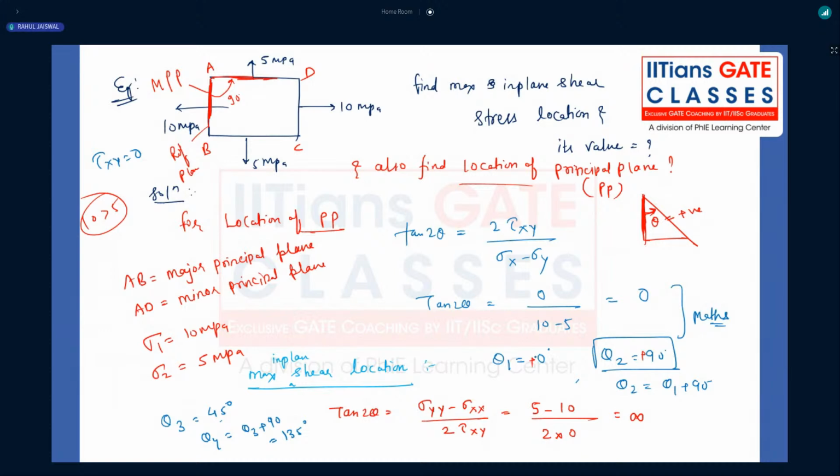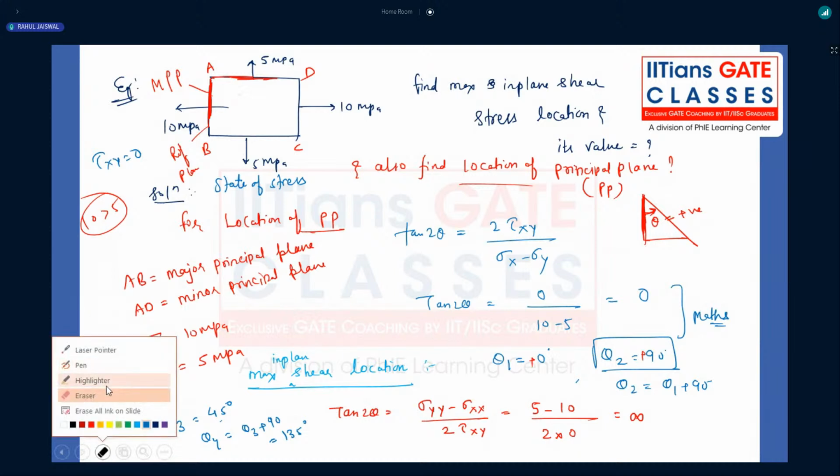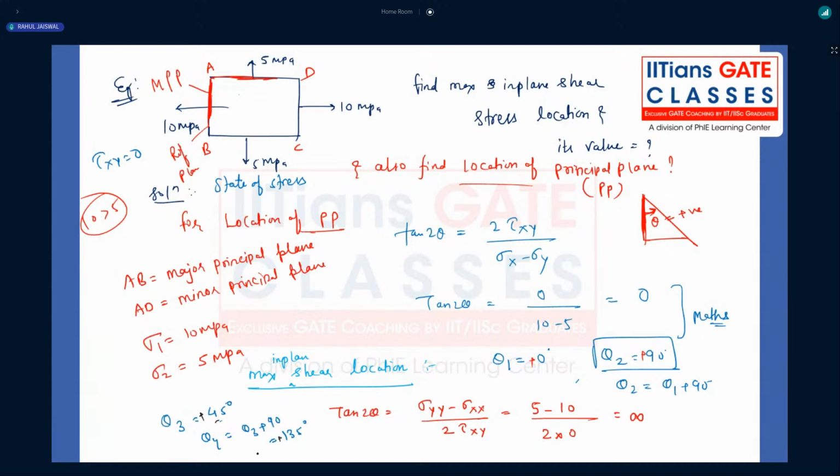In the same picture, same state of stress condition, this is my state of stress, right? In this state of stress, my dear friend, you just locate the maximum in plane shear locations. What will be the planes of maximum shear stress? How to denote it? One will be positive 45 degree, one will be positive 135 degree.